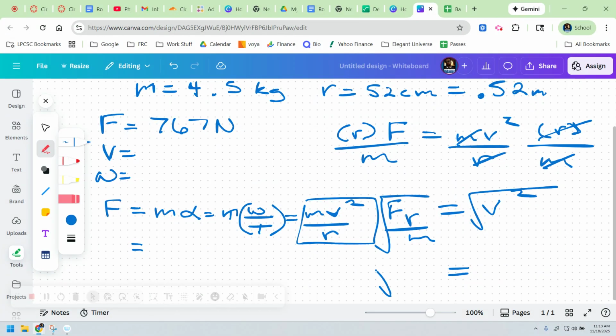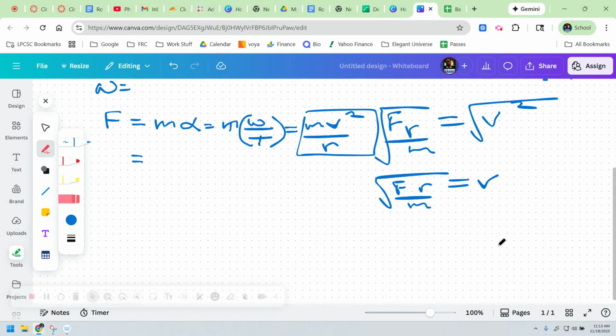So I'm going to have to take the square root of the force times the radius over the mass to get the velocity. Okay. So then the force was, what was it, 676?